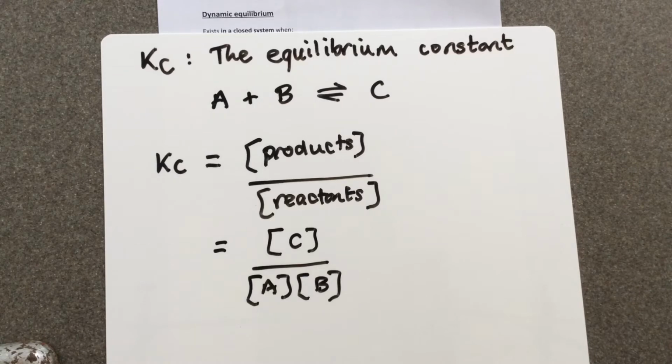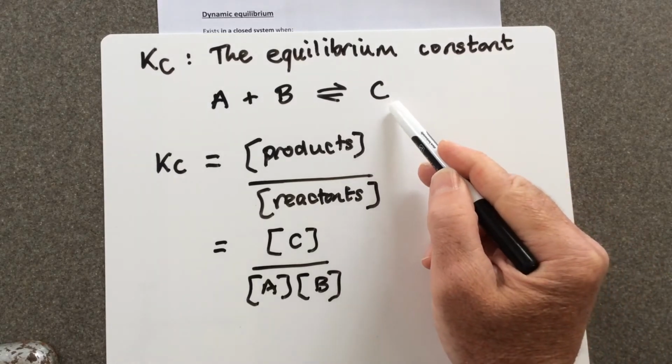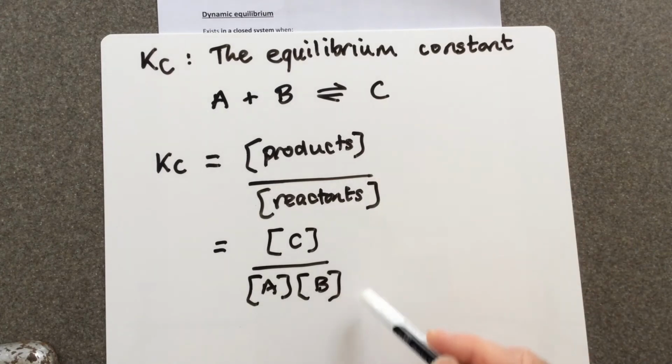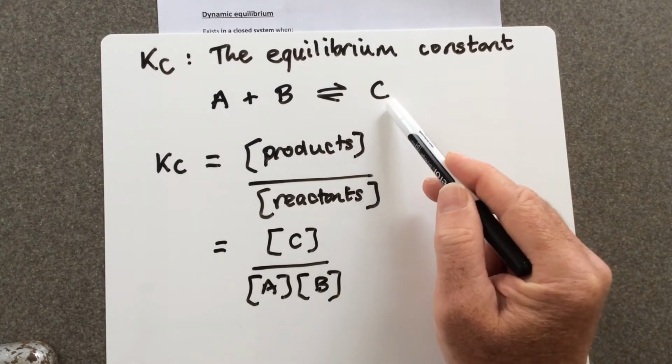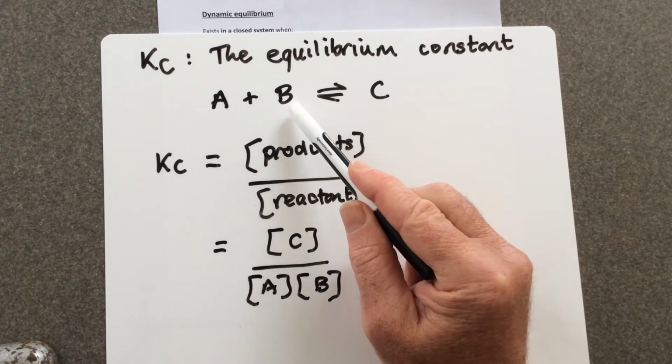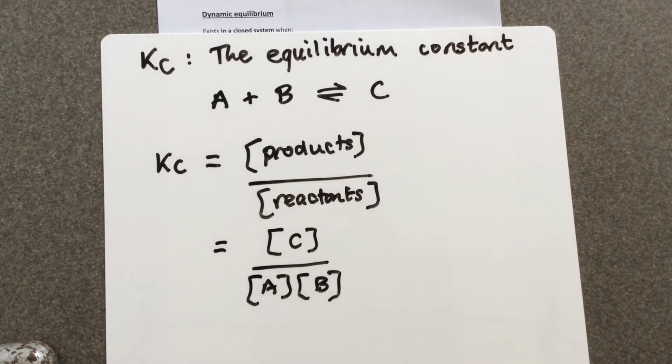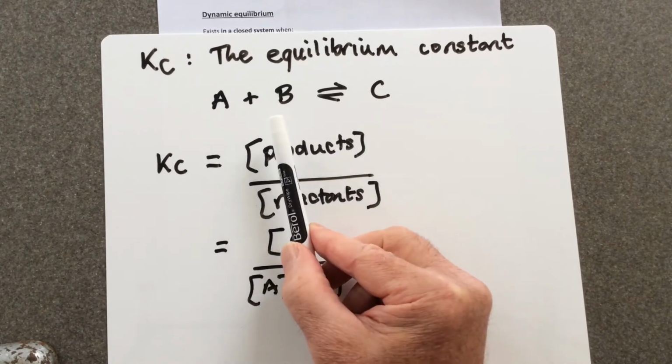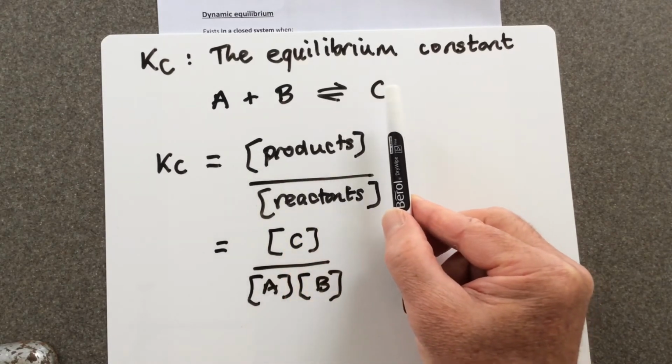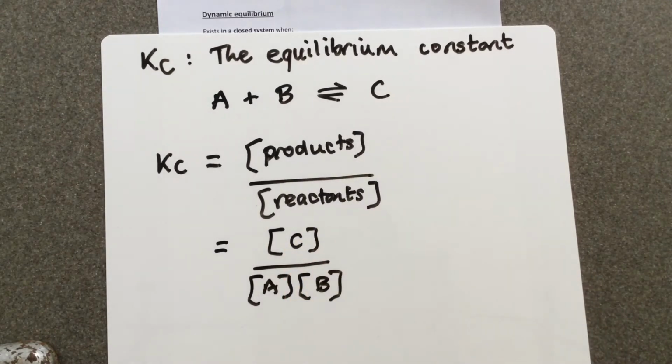So we end up with more C at the end. The ratio stays the same, but we've ended up with more C as a consequence of adding more B. So the position of equilibrium has moved in this direction. That's how we phrase it.